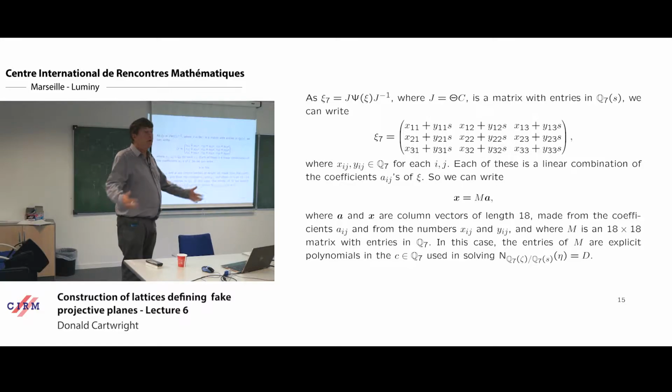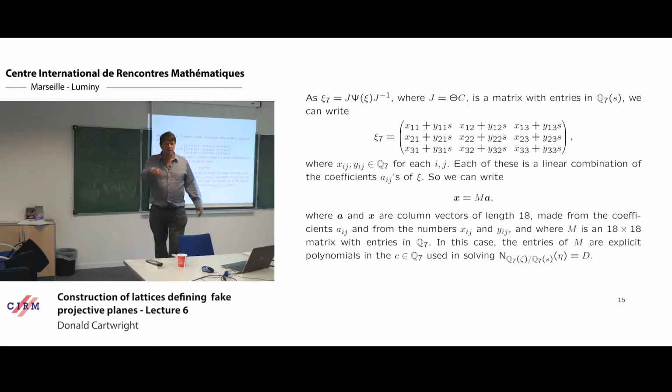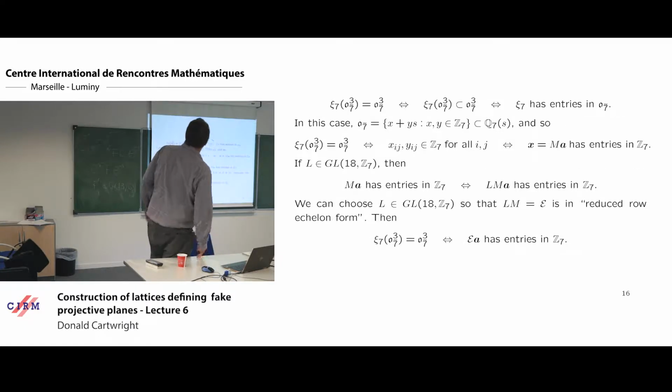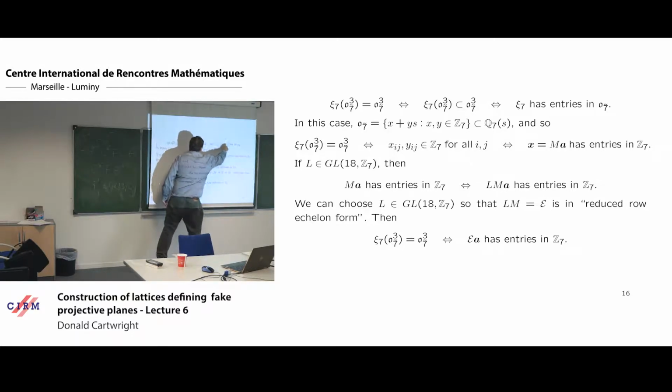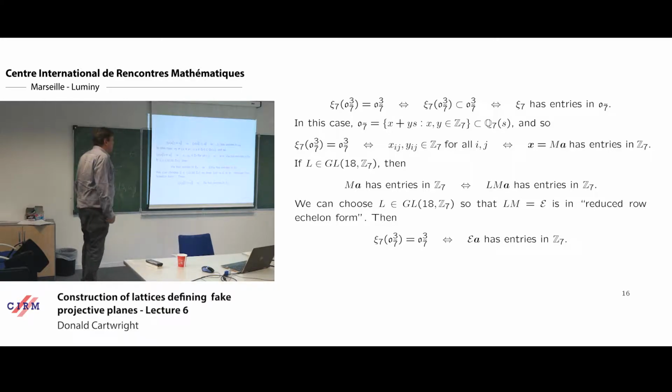And you can actually write down m explicitly, in terms of an element c of Q7 which is lurking around because it comes from c. Anyway, you can work out m completely explicitly, and we're interested in when this zeta sub 7, psi sub 7 fixes this lattice. It's not obvious, but it's if and only if psi sub 7 has entries in that valuation ring.